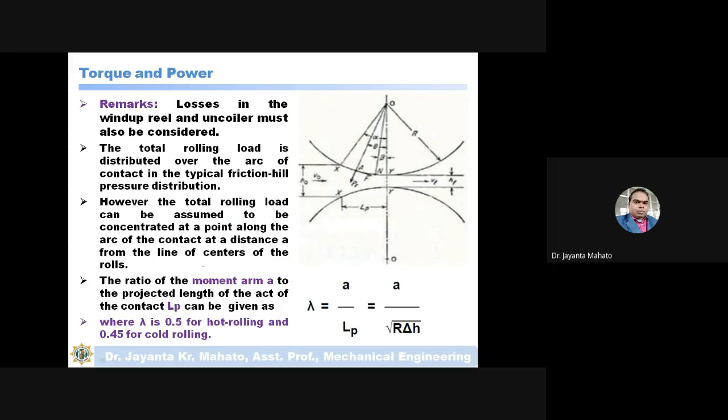Now remember this point: the ratio of the moment arm A to the projected length of the arc of contact, LP, can be given as A divided by LP.